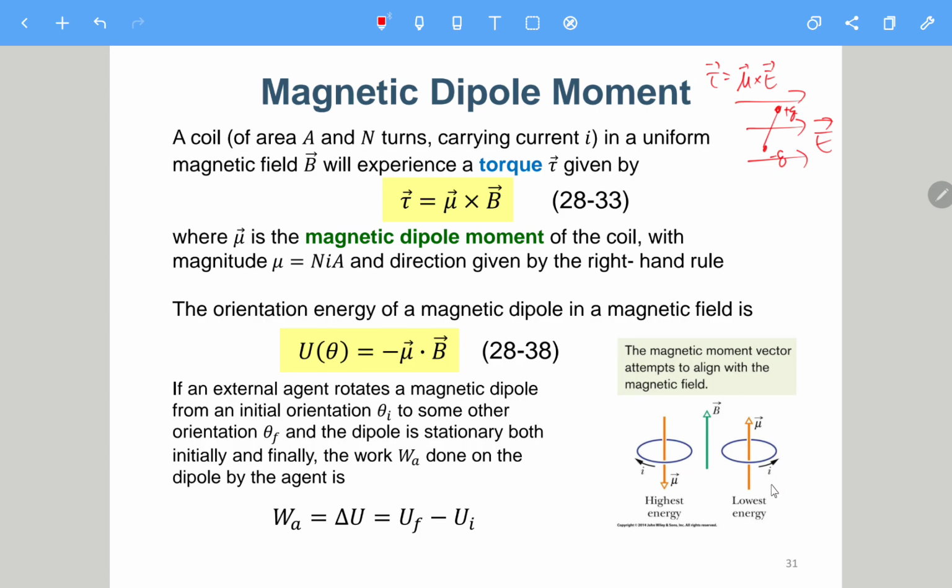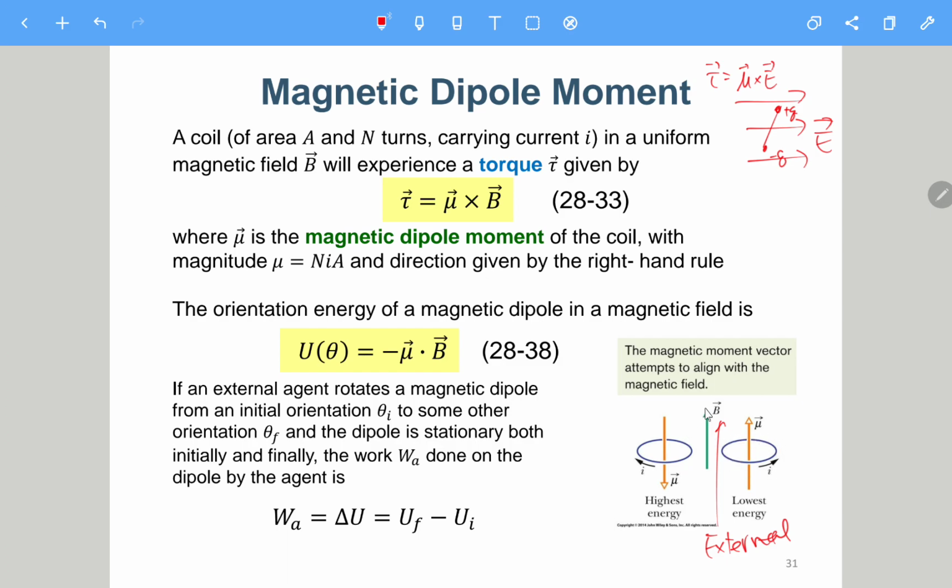Note that this B field is external. It is not generated by this magnetic dipole moment. It is an external B field.